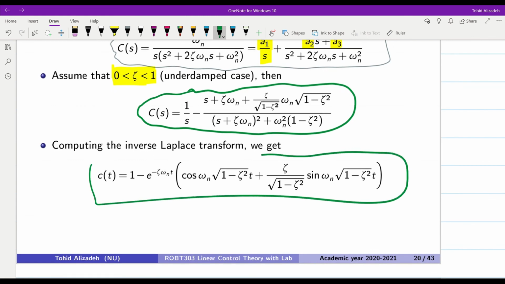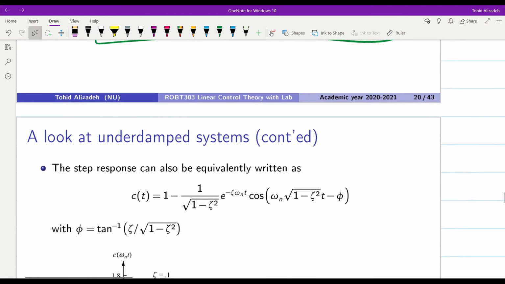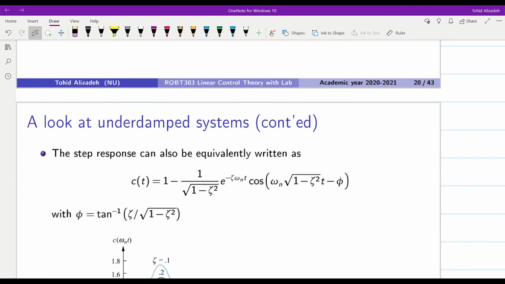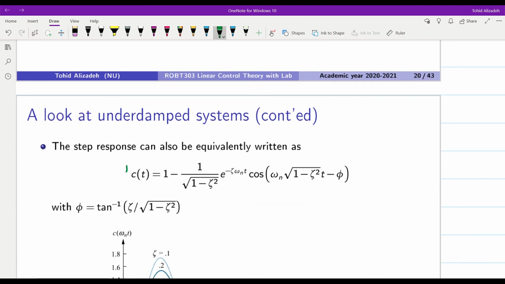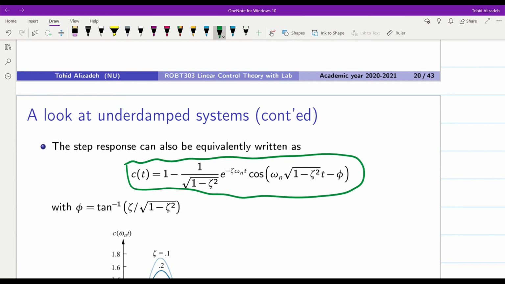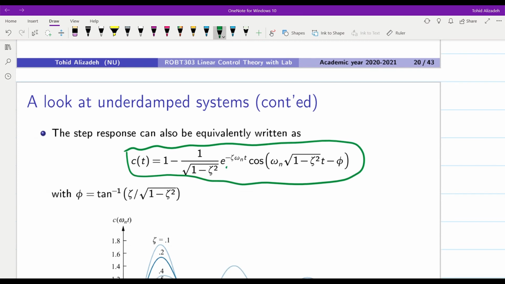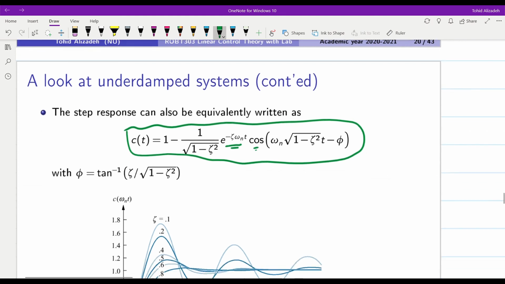So 1 minus an exponential term times a cosine term plus a sine term with some coefficient. And then we can rewrite this in a more compact form as C of t equal to 1 minus a coefficient times an exponential term times a cosine term.